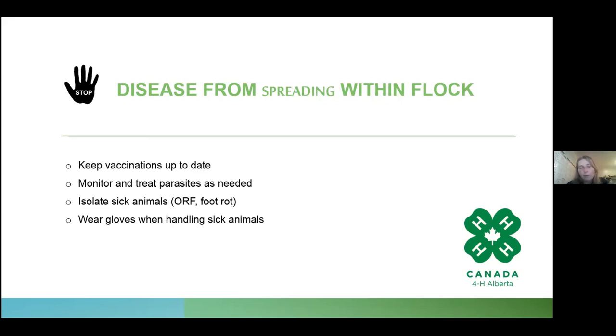So one with pink eye, another reason to isolate. And wear hand gloves when handling sick animals, because we can be what's called a fomite, meaning that we can take disease from one spot, one sick animal, and take it to a normal animal and make it sick. And also that thing called zoonotic diseases, we could catch some of these things from sheep as well.